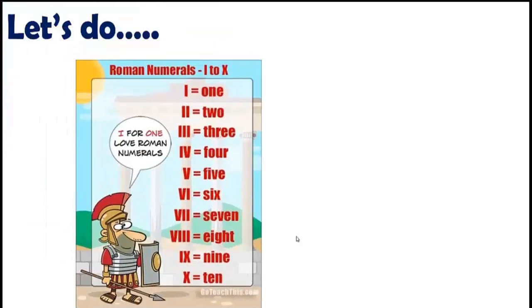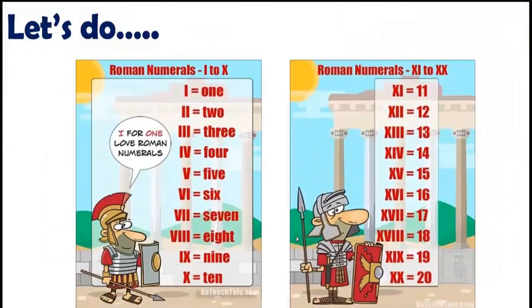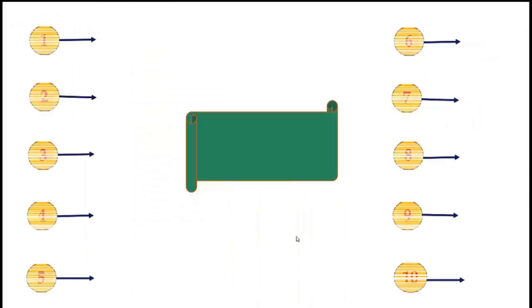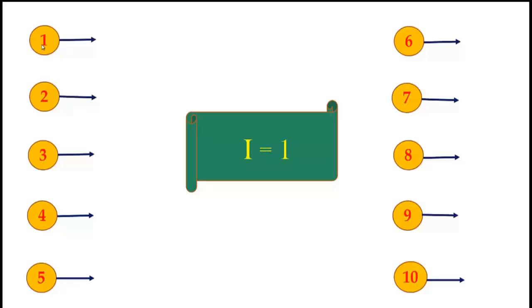Now, let's practice writing the Roman numerals from 1 to 10 and then 11 to 20. We'll start with 1 to 10. So, the number 1 is written in the Roman numerals as I. We have this value directly in the Roman numeral system. 2 can be written as II.